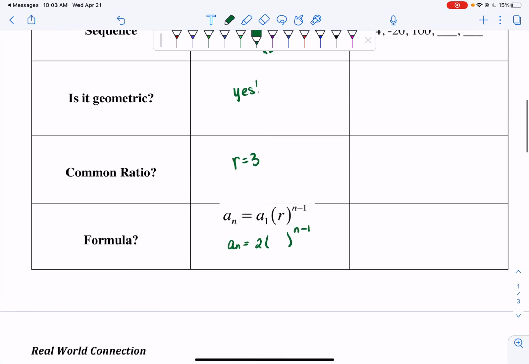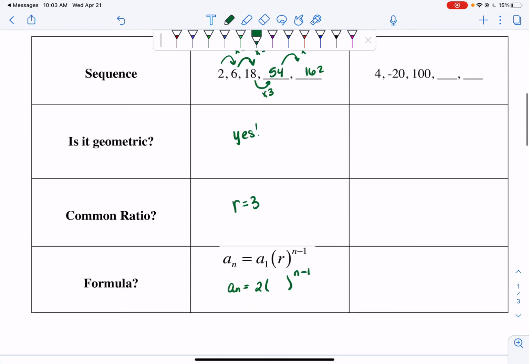And now we're going to have the number we're multiplying by, or the common ratio, which in this case is a 3. And this is my final answer: a sub n equals 2 times 3 to the n minus 1.